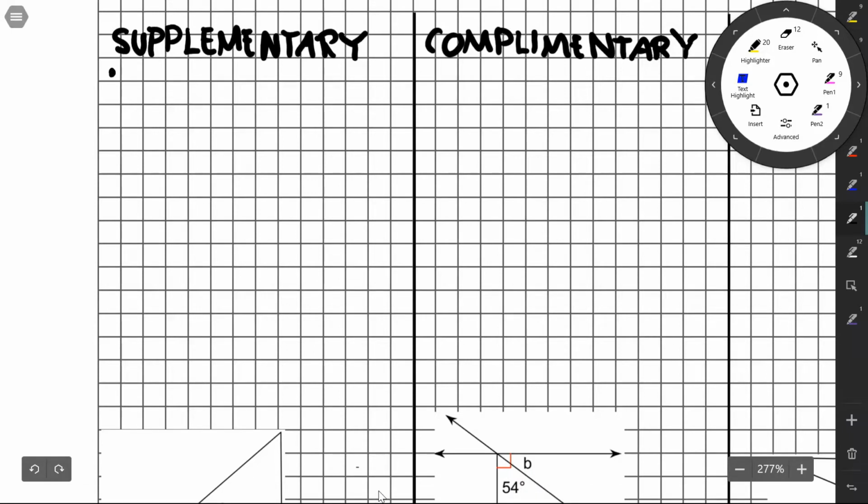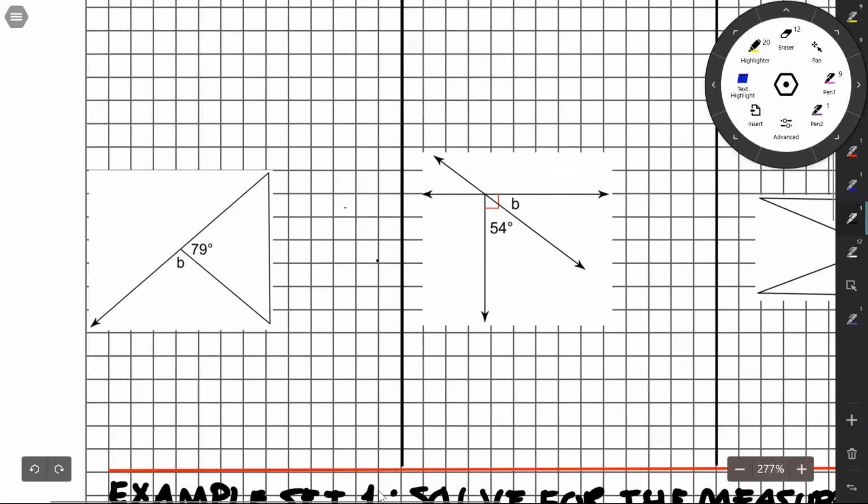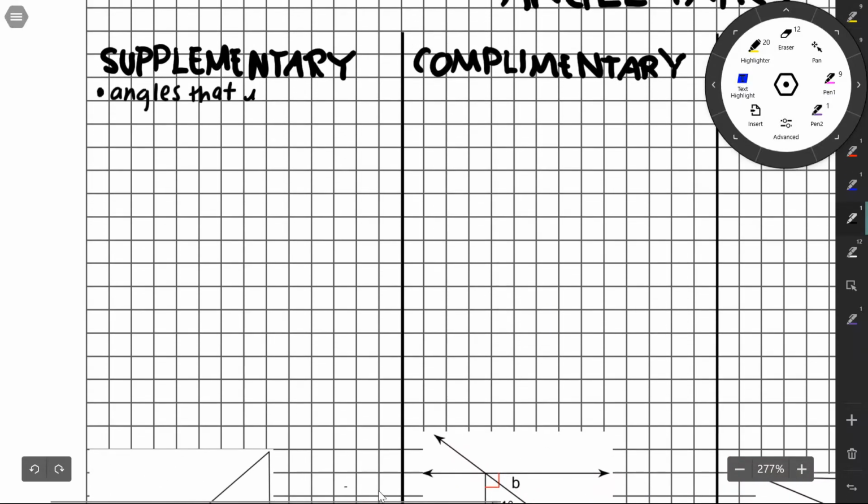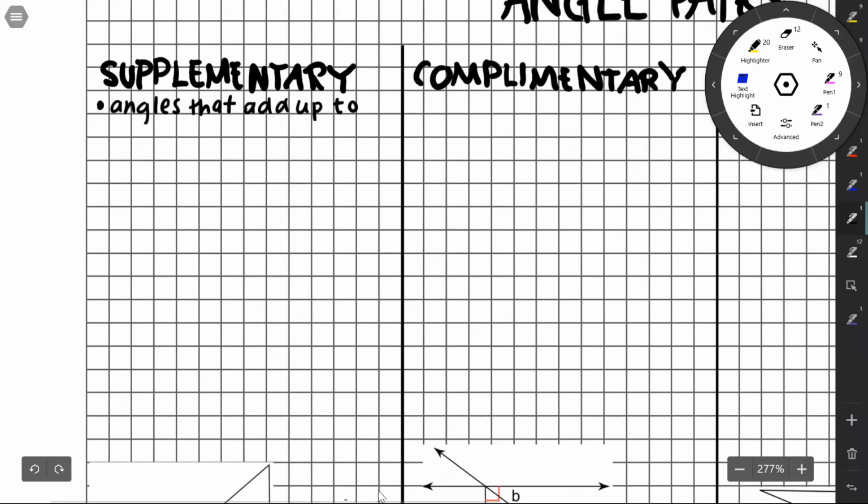So, supplementary angles are angles that add up to 180 degrees.